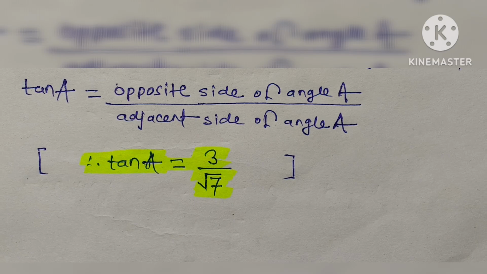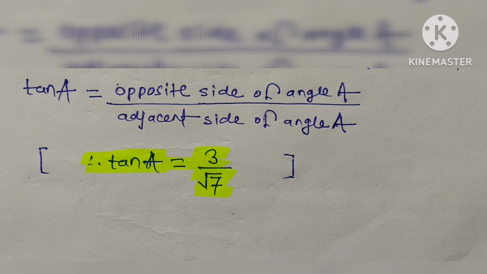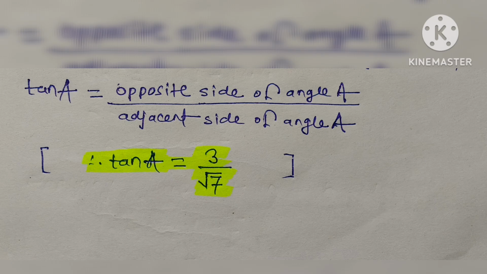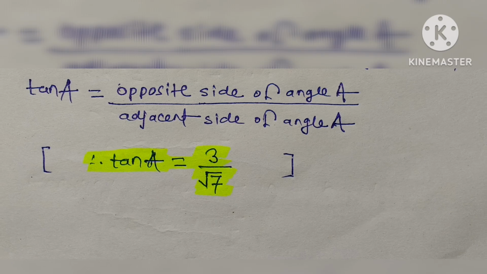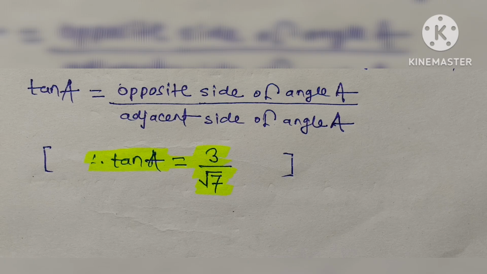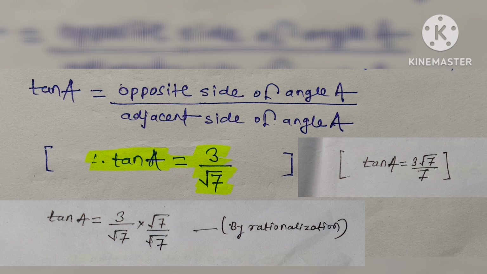We'll get the cos A value as under root 7 by 4 and tan A value as 3 divided by under root 7. Here we have to see that the tan value is coming with an under root, so we have to remove this under root using the rationalization method.